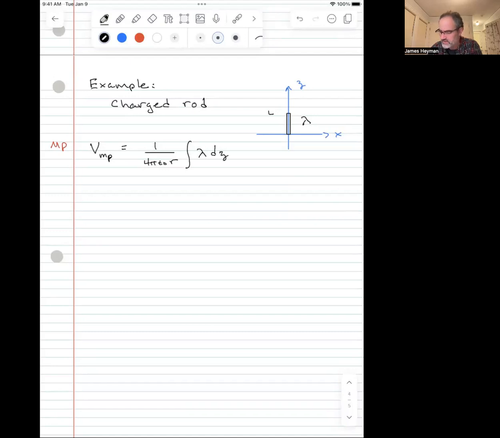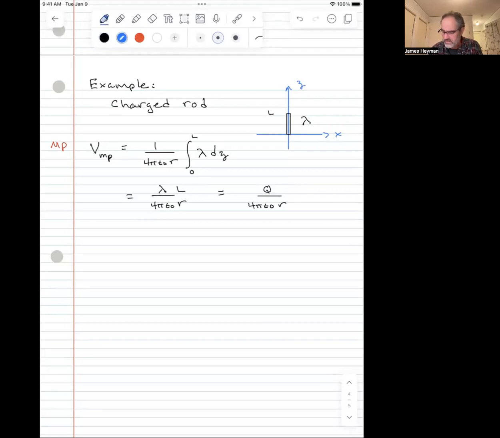And we'll integrate over the entire source from z equals 0 to z equals L. Well, lambda is a constant, so this works out to be lambda over 4 pi epsilon naught r times, well, the integral of dz just gives us L. Notice that lambda times L, that's just the total charge. So this is Q, the total charge on the rod, divided by 4 pi epsilon naught r.